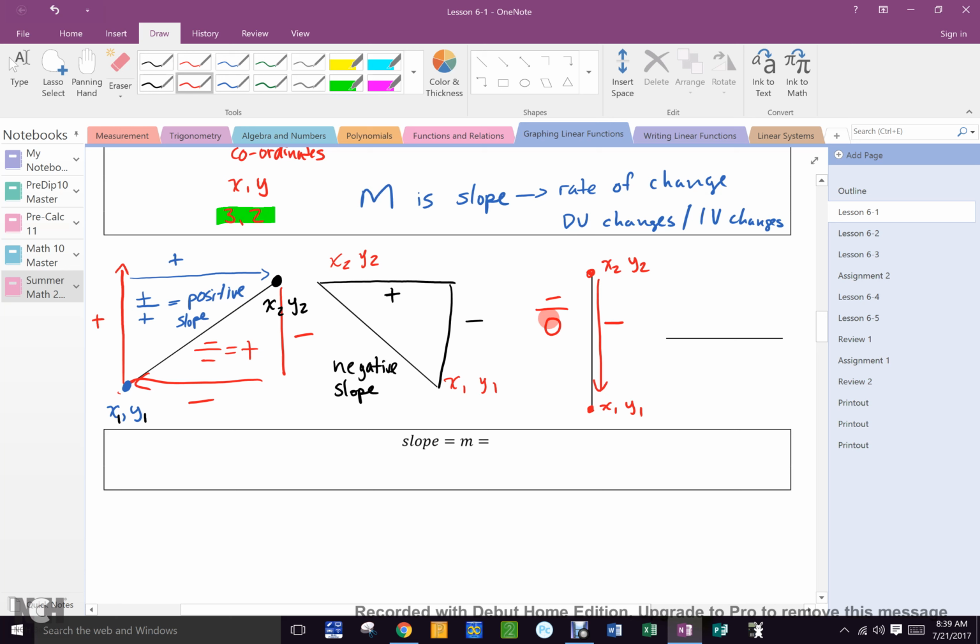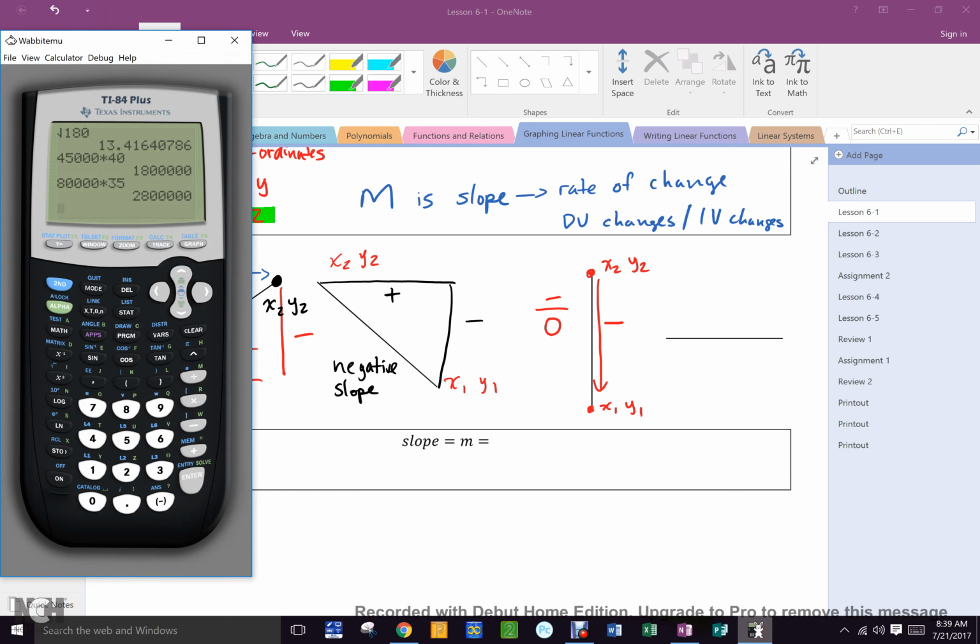Is that allowed? Why can we not divide by 0? No. It would actually be infinity. It doesn't exist, right? And if you don't believe me, you can check. It's easy to check to prove it. I always like to prove this to kids here because kids are like, no, if you divide by 0, it's 0, Mr. Myers. Okay.